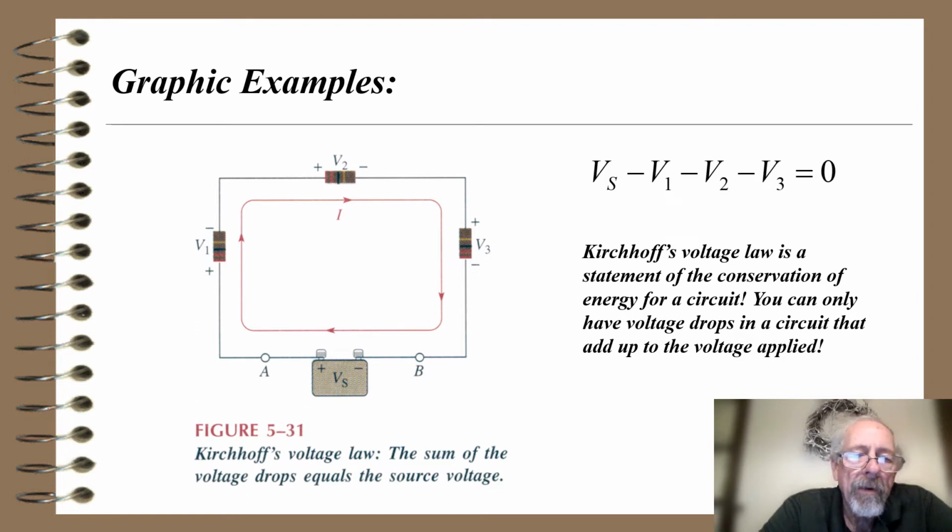Then you go down through V1, but that goes up in voltage. So you've added V1 plus V2 plus V3. Now you go back to the battery and you go through a fall of V sub S, which is applied, and you get back to the negative terminal, and now you have a total voltage drop of 0.